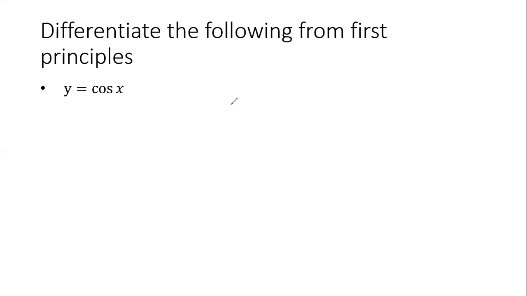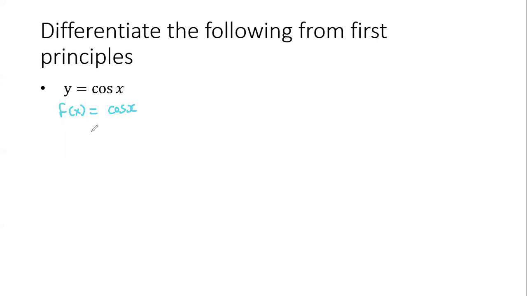So I'm going to use the formula, members. Please take note. Since I have y is equal to cos x, I can write this in terms of f. So f of x is equal to cos of x.